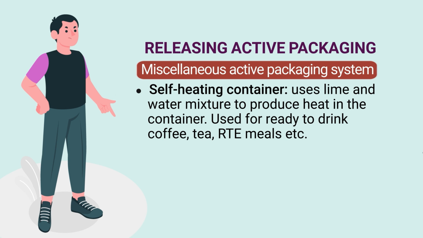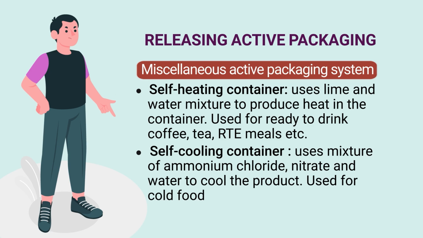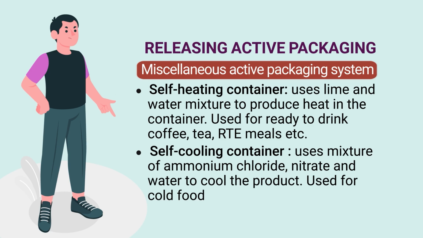Similarly, there is also demand for self-cooling containers for cold food or drinks. There you can use a mixture of ammonium chloride, ammonium nitrate and water to keep the product cool. So these are the examples of the different types of absorbing, releasing and miscellaneous types of active packaging system.